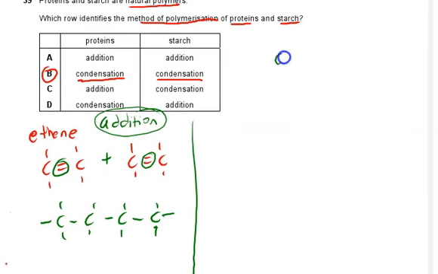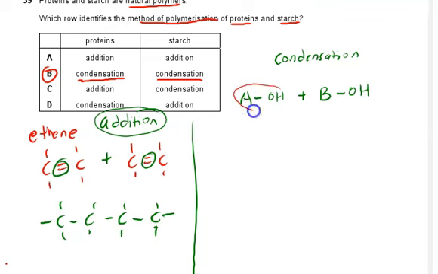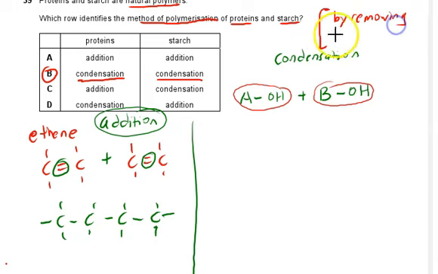If you compare to condensation, this is a bit different. For example, I just put here A with OH, and here I've just put B with OH. This is an example. So what happens is both of them will get combined by removing small molecules, mostly water.